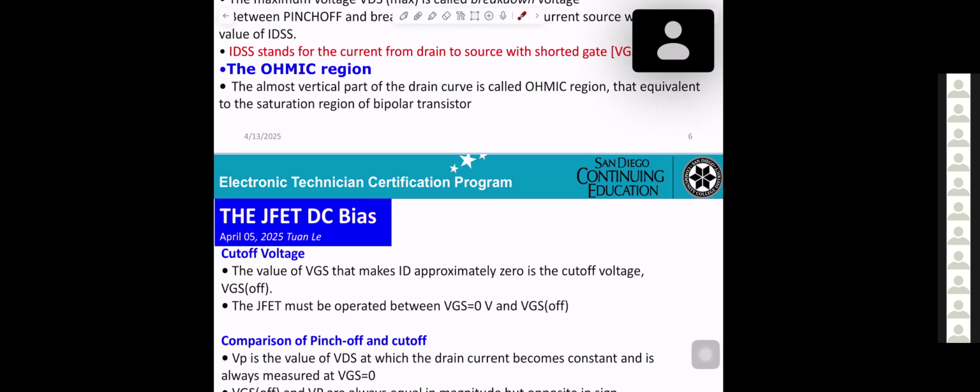So that's why manufacturers every time give the value either VGS off or VP, only one, not two. If you know VGS off, you know VP. The JFET must be operated between VGS 0 and VGS off.